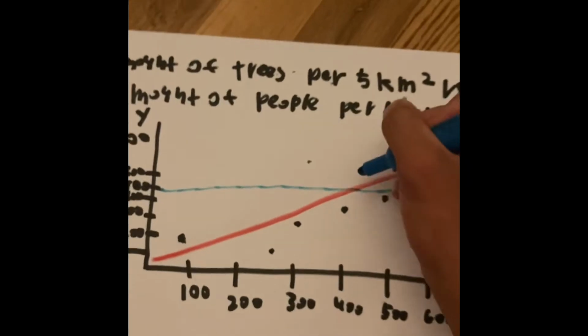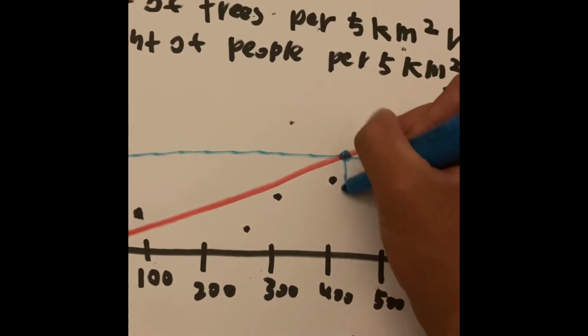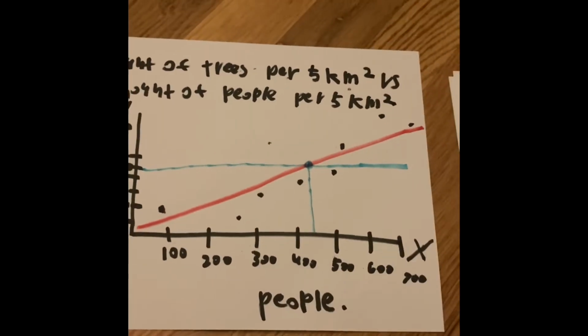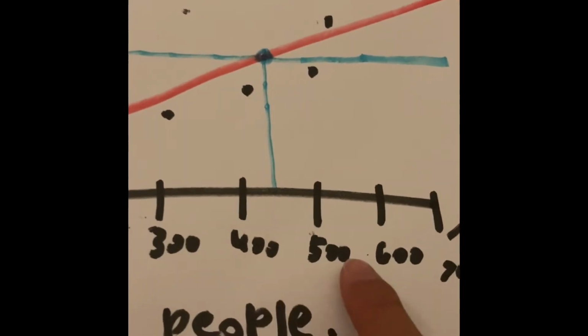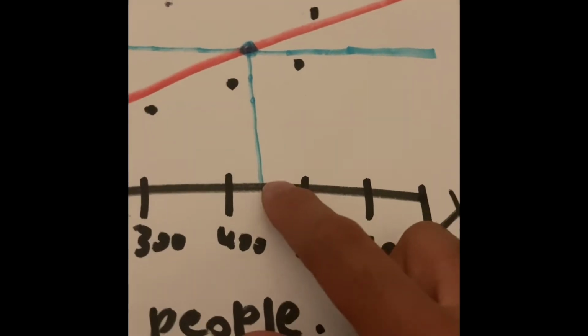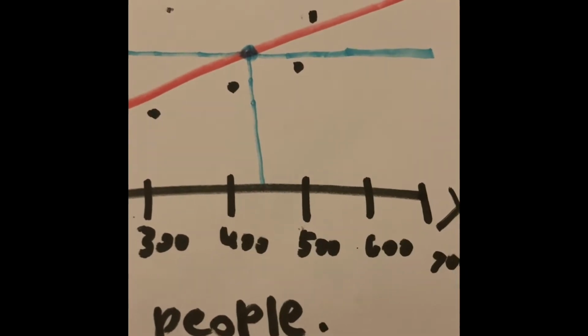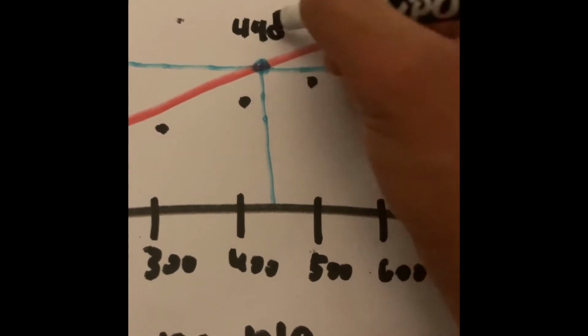So it intersects right here, and we'll draw a vertical line right here. So it seems that we'll have to make an estimate. Here's 400 people, and here's 500 people. Since it's not in the middle, but it's close to it, I'm going to estimate that the number is going to be 440.